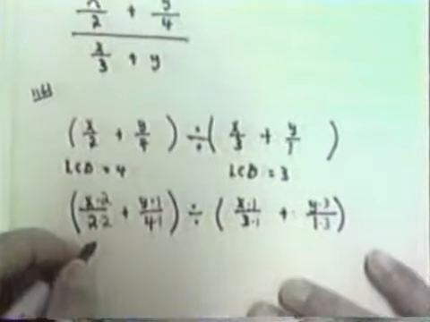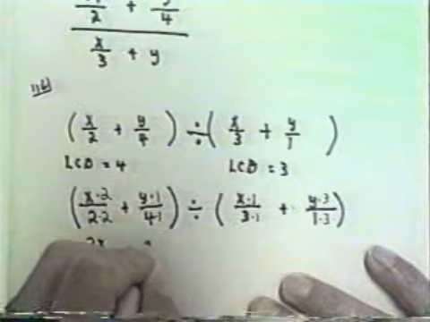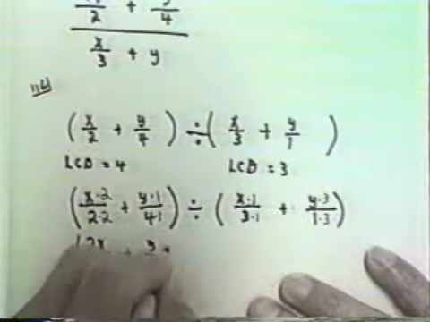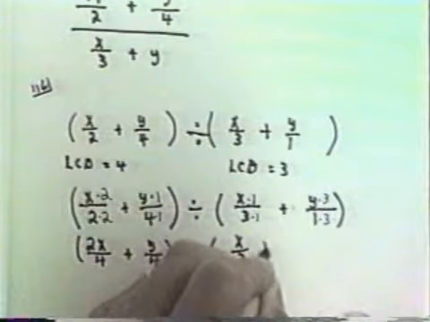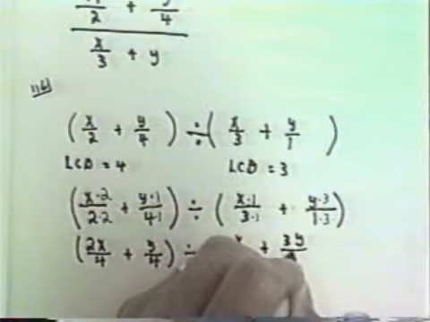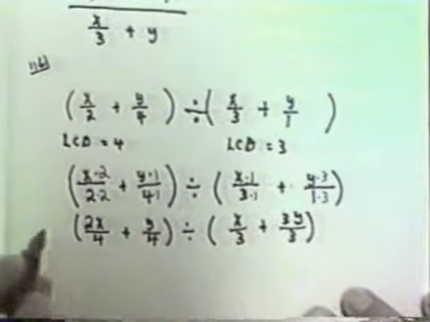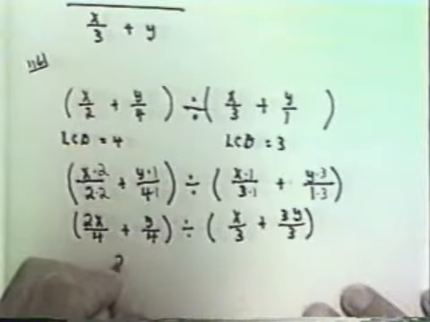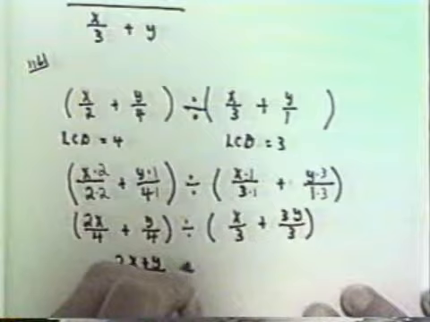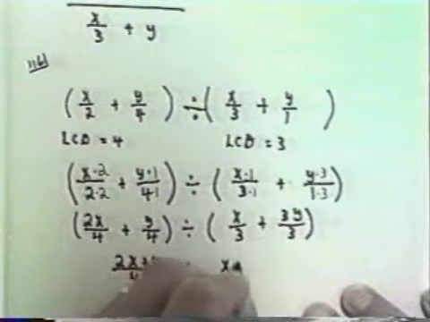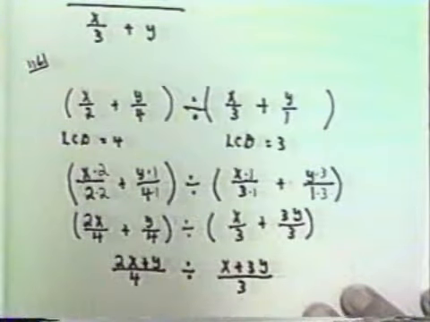So I have 2x over 4 plus y over 4 divided by x over 3 plus 3y over 3. I have the common denominator, so I keep the denominator, add the numerators to get 2x plus y over 4 divided by x plus 3y divided by 3.